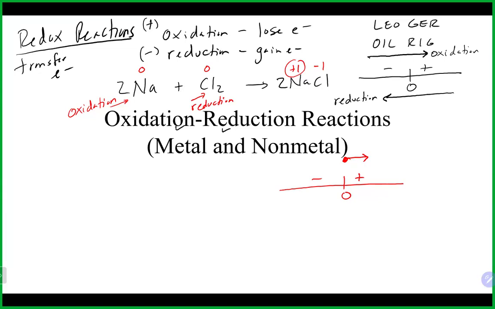I could actually do it for the chlorine as well. The chlorine on the left-hand side started at 0. So that's my sodium. This is my chlorine. On the right-hand side, this chlorine ended at -1, which means it's moving in the negative direction and it is going through reduction. What is ultimately happening here is what we talked about when we talked about an ionic bond.